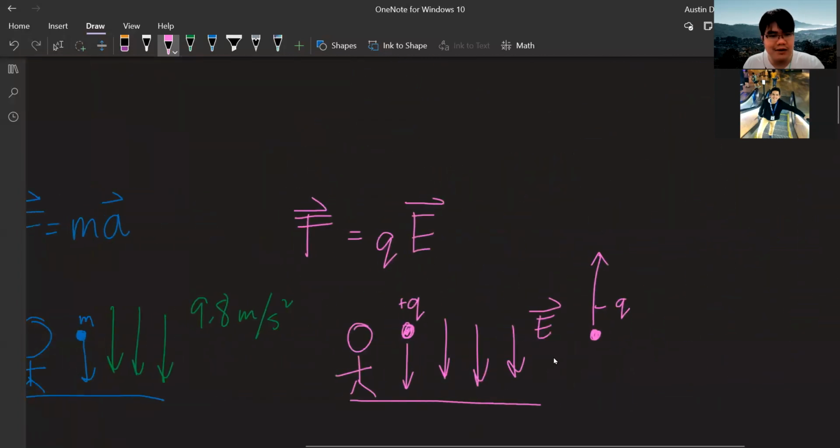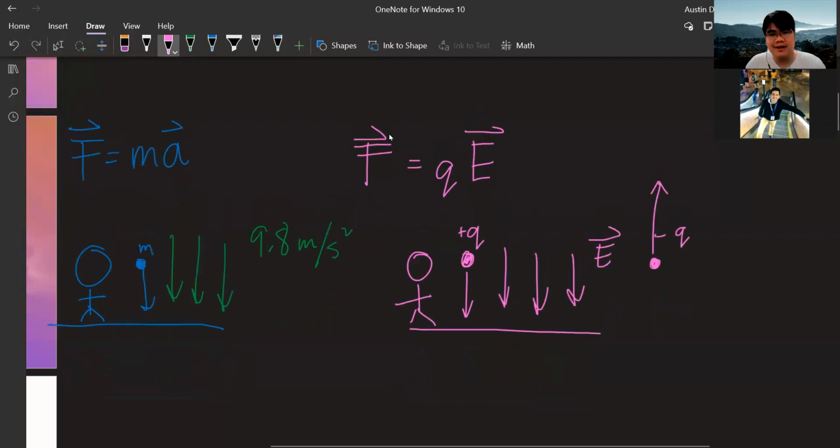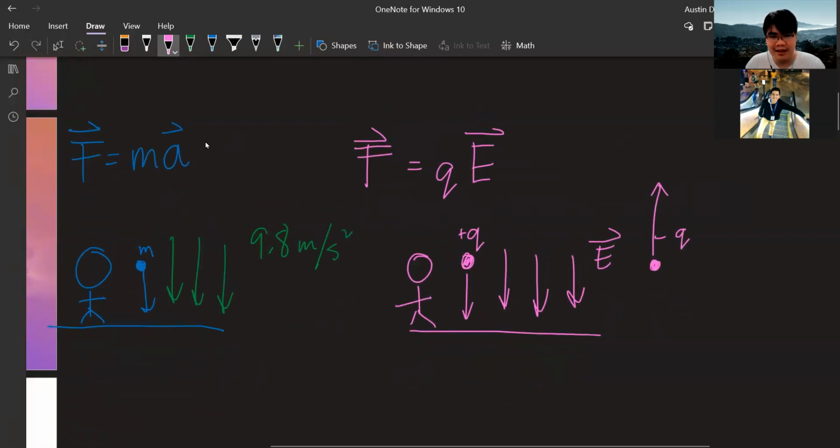So, tingnan nyo itong dalawang to. They are very, very similar in form. Ito yung particle mo, and the acceleration and the electric field is the one determining your change in motion. Pero, hindi acceleration yung electric field. Iba siya. Maganda lang siyang analogy, pero it's not acceleration. Okay? Kuha.